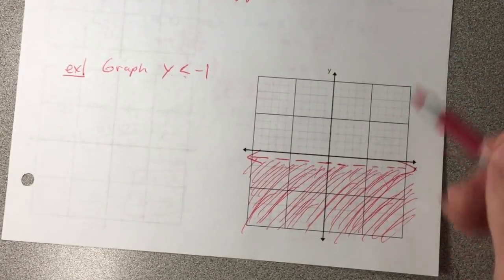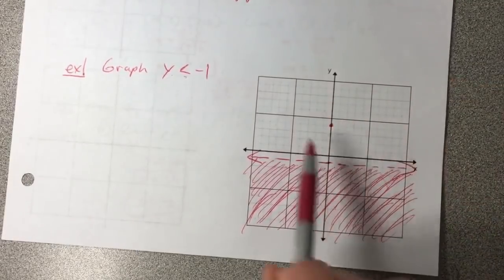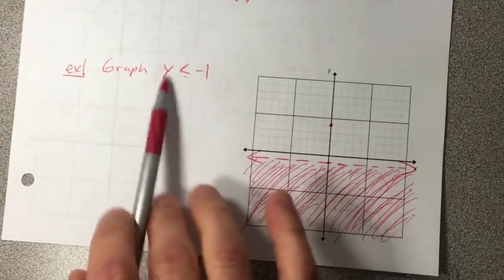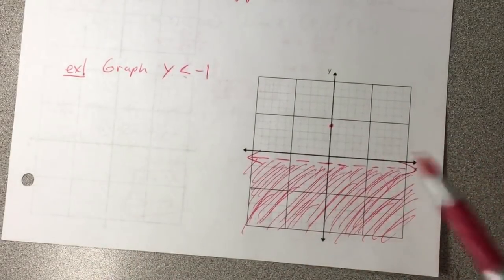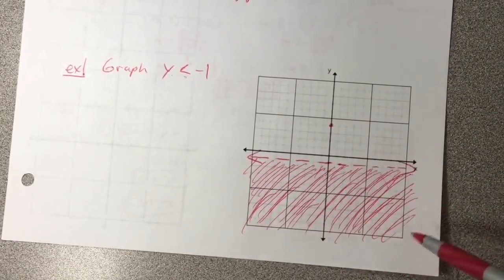What I mean by that is you just pick a point, and if it works in your inequality, you know that that side needs to be shaded. If it doesn't work, you know that by necessity the other side will need to be shaded.